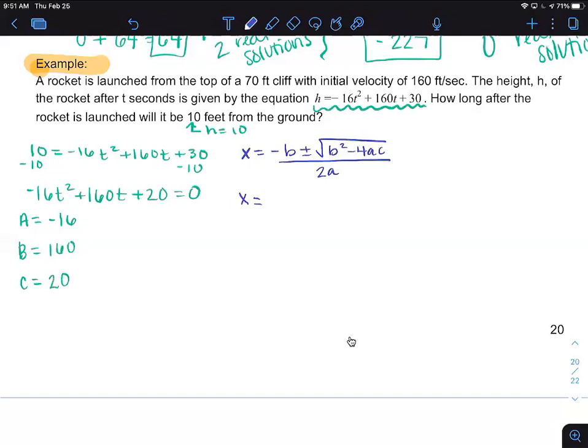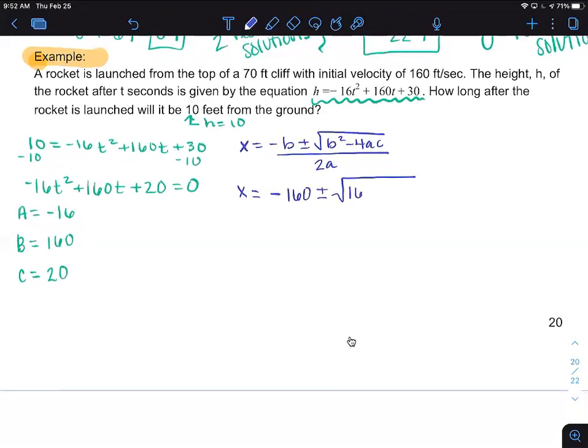So x equals negative, what's our value for b? 160, plus or minus the square root of b squared, 160 squared, minus 4 times -16 times our c, 20.